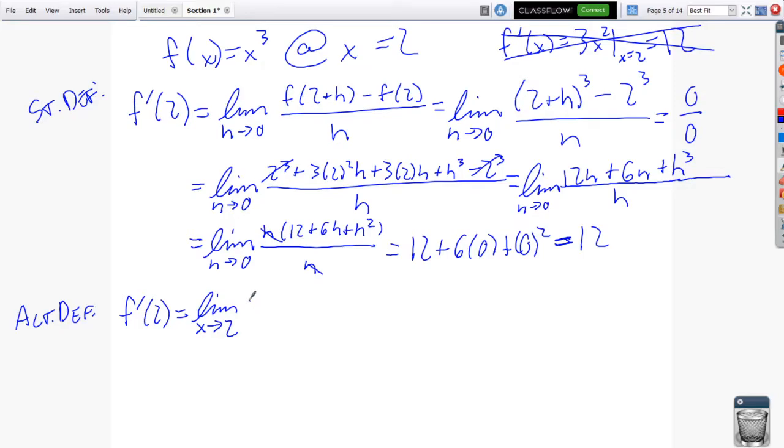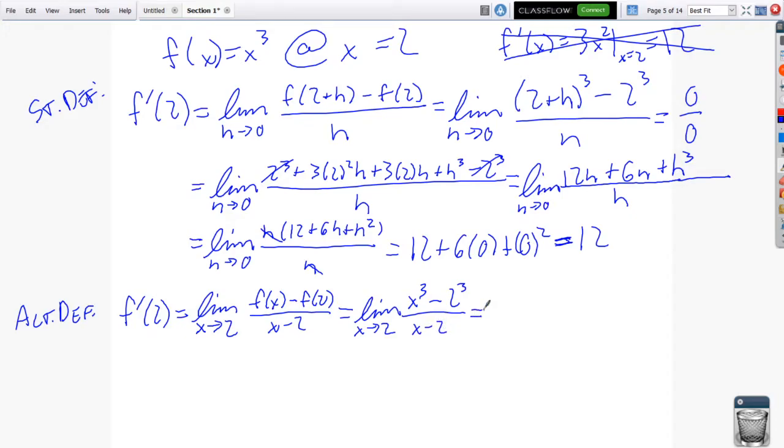So it'd be the limit as x approaches 2 of f of x minus f of 2 over x minus 2. Now this is going to be a little bit shorter work, but it's a little bit harder because of the factoring that we have to do here. We would have the limit as x approaches 2 of x cubed minus 2 cubed all over x minus 2.